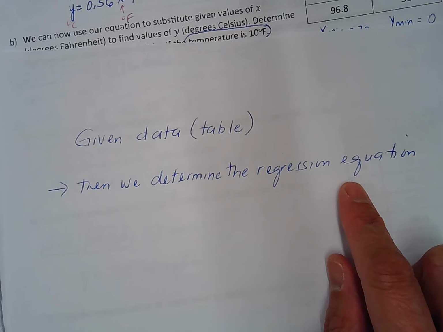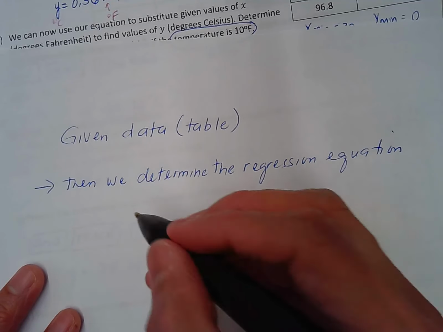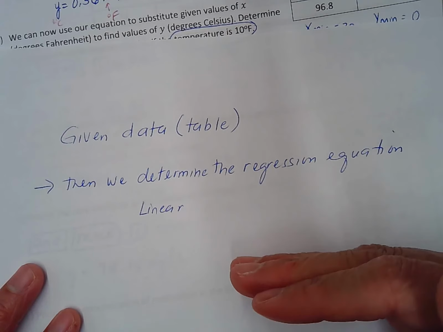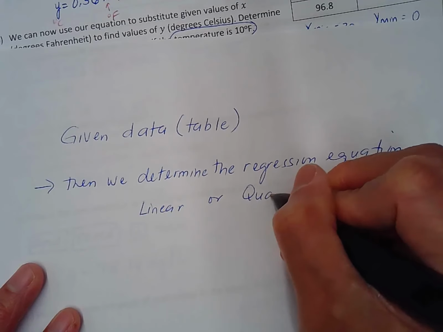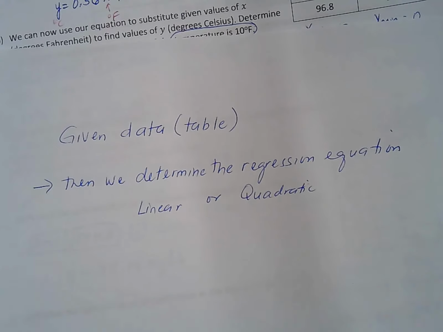Once we have the data, we figure out the regression equation. Which two regression equations are we going to focus on? Either linear, if it looks like a line, or a quadratic. Those are the only two that we're going to focus on.